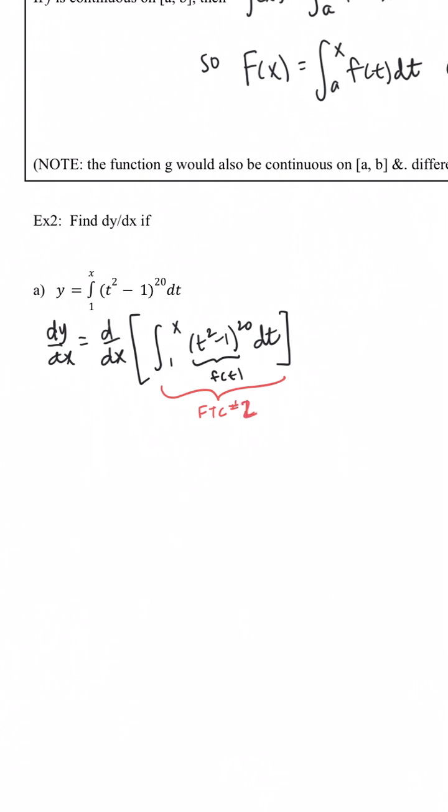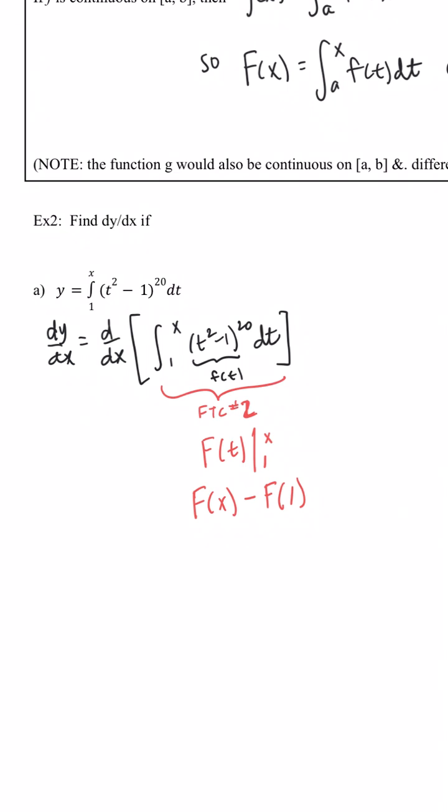That's the algebraic part. And so that's just going to be F of t, the antiderivative of the function in terms of t, from 1 to x. In other words, it's going to be the antiderivative at x minus the antiderivative at 1.